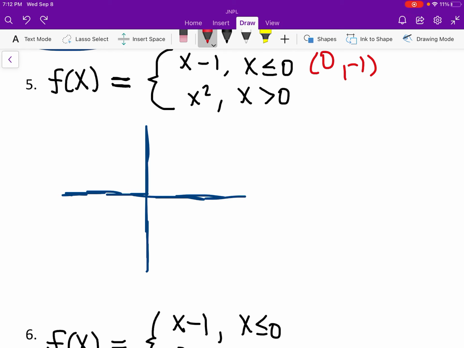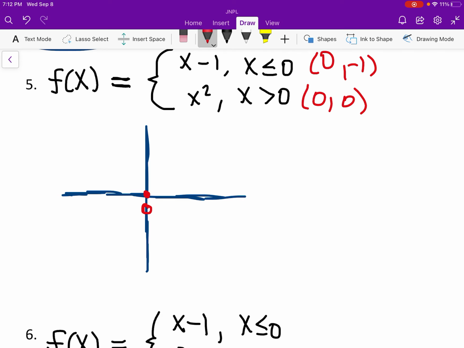So then here we have 0, plug this into here, 0 squared is 0. So those are our two starting points. So 0, negative 1, that's right here. 0, 0, here.